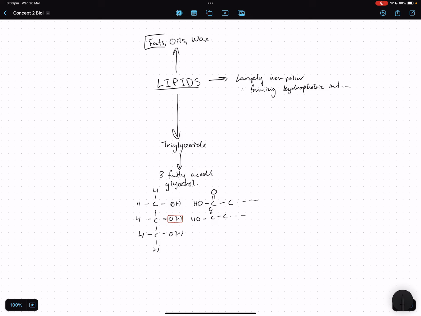And again, once I finish drawing it in, I'll show.